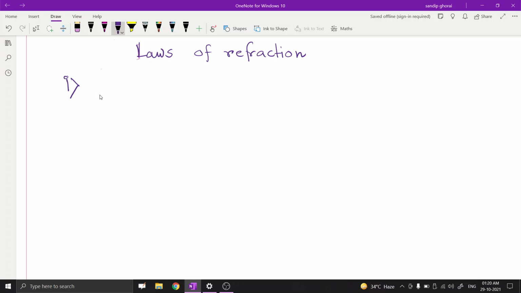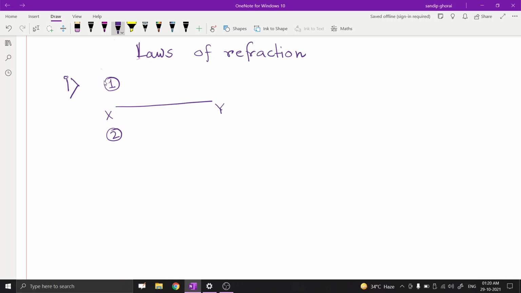The first law is that the incident ray, the normal, and the refracted ray all lie on the same plane. If we draw a surface XY, this is the separation line between two different media. The above medium is called medium one, the second is medium two.